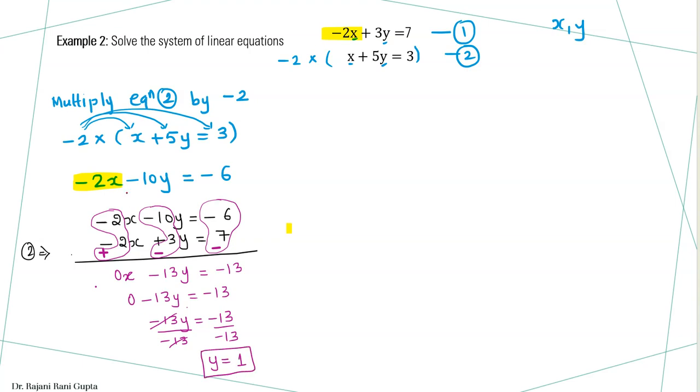Now, after getting the value of y, again substitute in any one of the equations. So let's use equation 1 because we already used equation 2. So equation 1, let's write what it is. Minus 2x plus 3y equals 7. Now what do you have? y as 1.